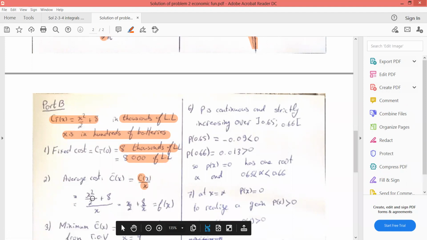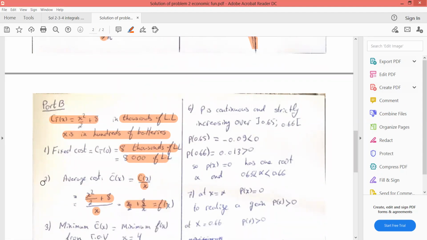So this C(x) over x, x squared becomes x, gives x over 2 plus 8 over x, which is equal to f(x). We showed, or proved, that the average cost is equal to f(x).